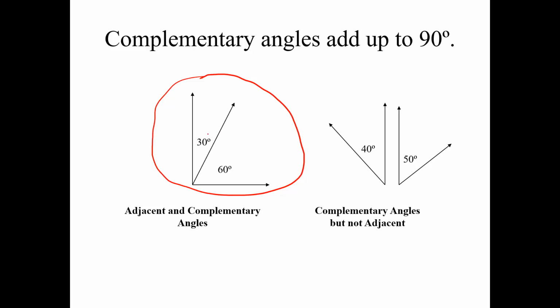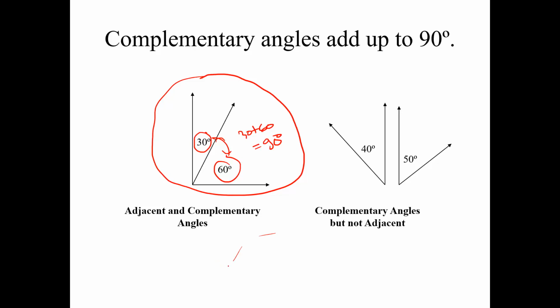If we add these two angles, 30 plus 60, it will equal exactly 90 degrees. So 30 and 60 are what we call complementary angles. Complementary angles are pairs of angles which, if you add them up, equal 90 degrees.